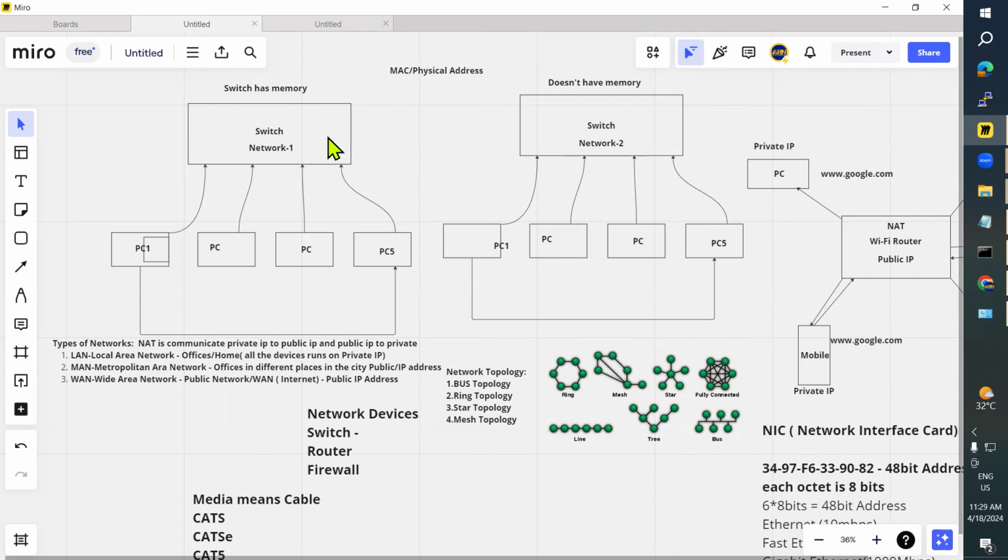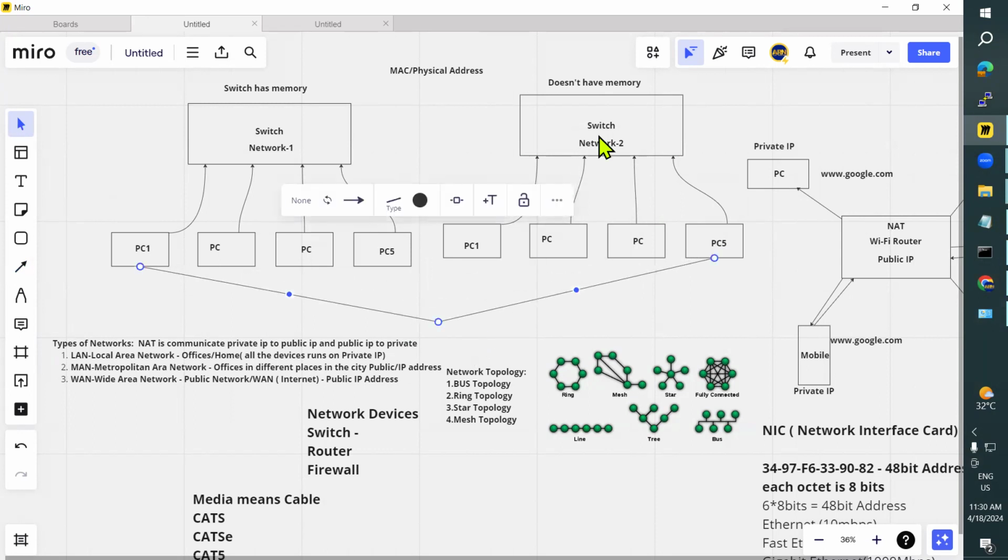Network one has some PCs, all connected to a switch here. In network two there is one more switch, with all the computers connected to it. I want to communicate from network one, PC1, to network two, PC5. How is it possible?